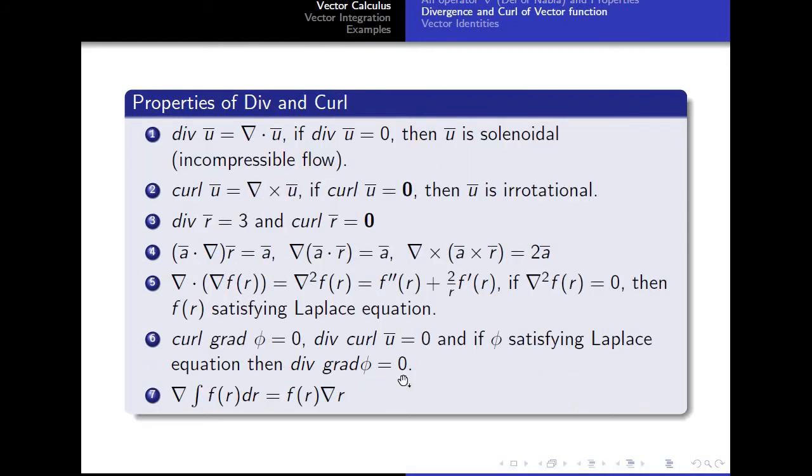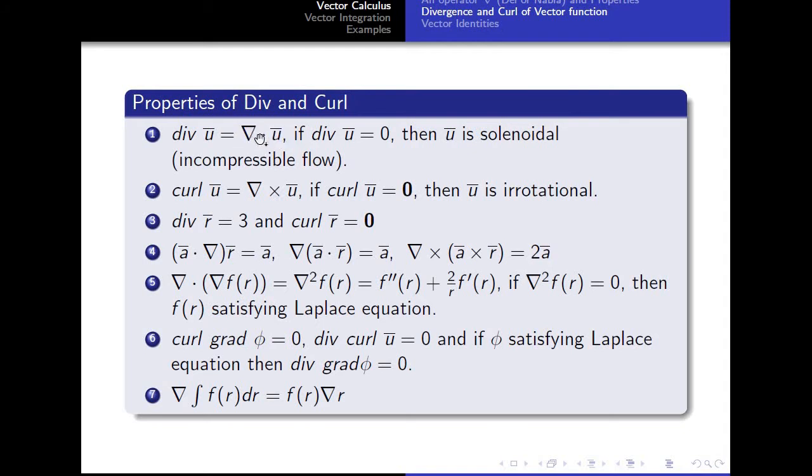Now the next part. After the gradient of a scalar function, we will discuss the operator del on a vector function. Operator del is a vector, u bar is a vector, and in between we have to take either a dot product or a cross product. If we take the dot product, it becomes the divergence: divergence of u bar is del dot u bar, a scalar quantity.